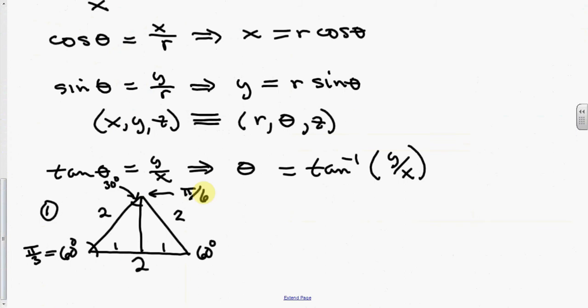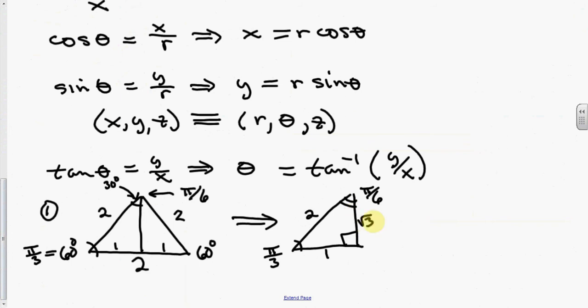If I just take one of those triangles out and just examine that, this is 1, this side is 2. If I use the Pythagorean theorem, then from solving this leg, I get the square root of 3.